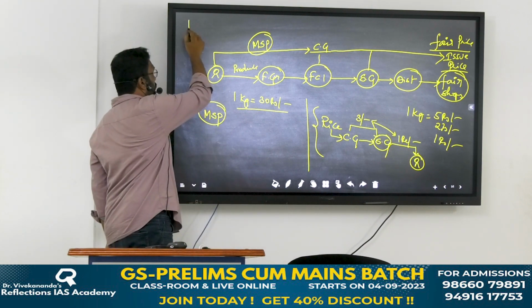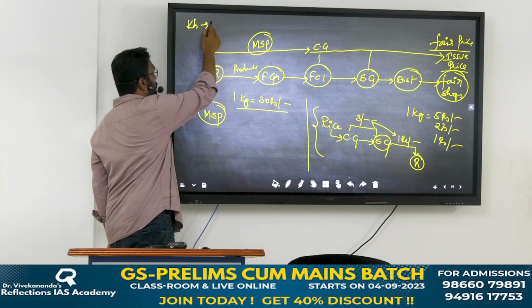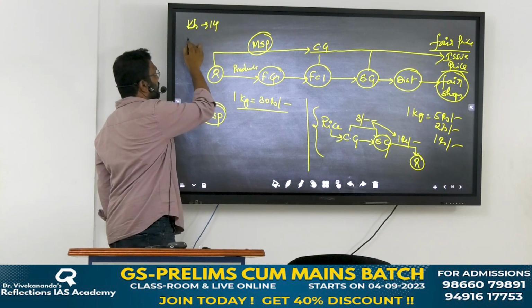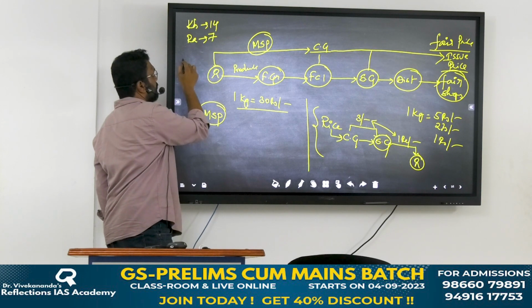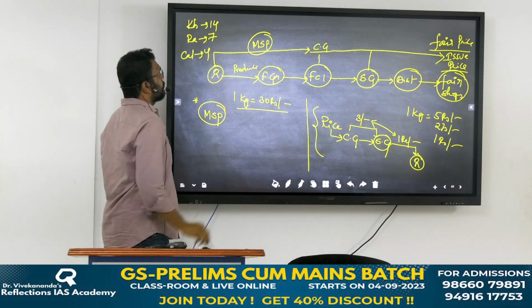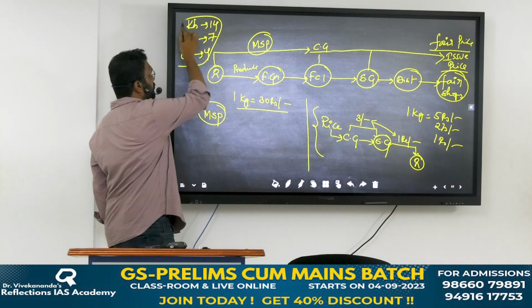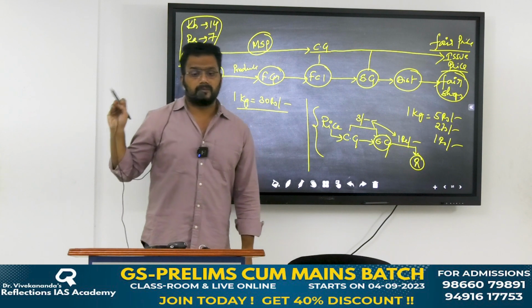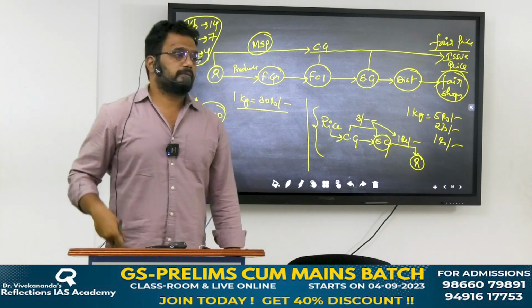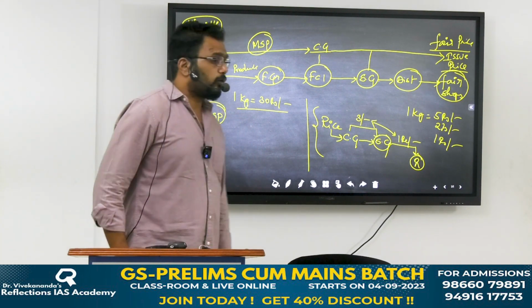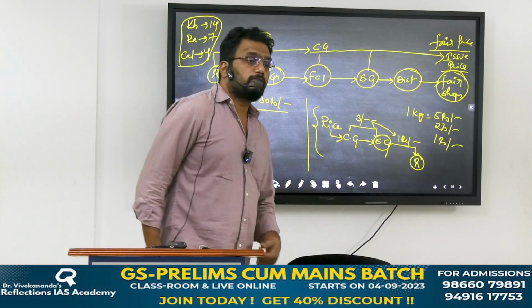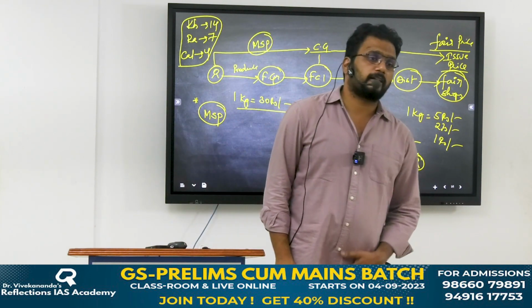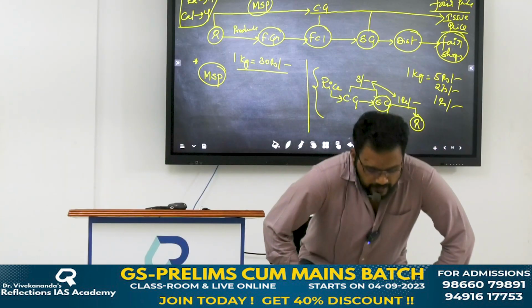Kharif are 14. Rabi are 7. Next, calendar crops are 4. So there are 4 calendar crops. Direct question.